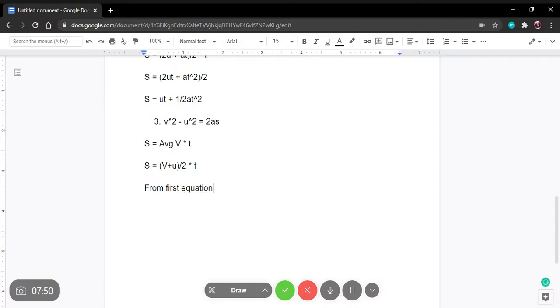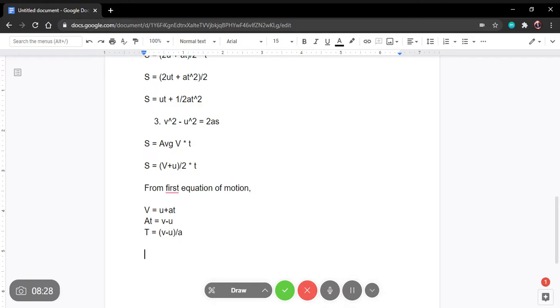From the first equation of motion, we have v is equal to u plus at. Since v is equal to u plus at, at is equal to v minus u. t is equal to v minus u divided by a.